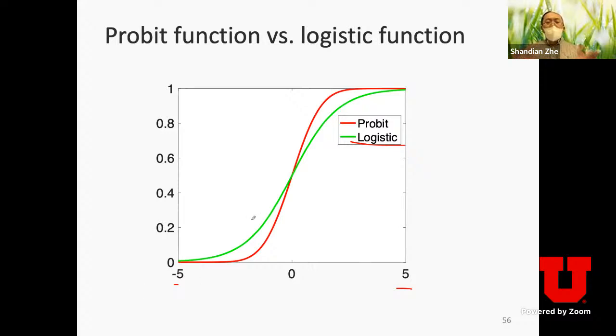But for inputs in between, they are different. And probit regression actually has a stronger truncation effect than the logistic function. You can see that even for input which is relatively small, the probit function will give a value closer to 1 or 0 than the logistic function.